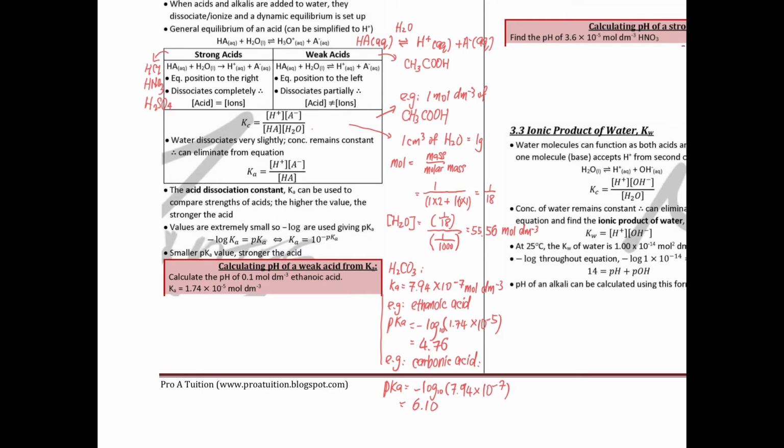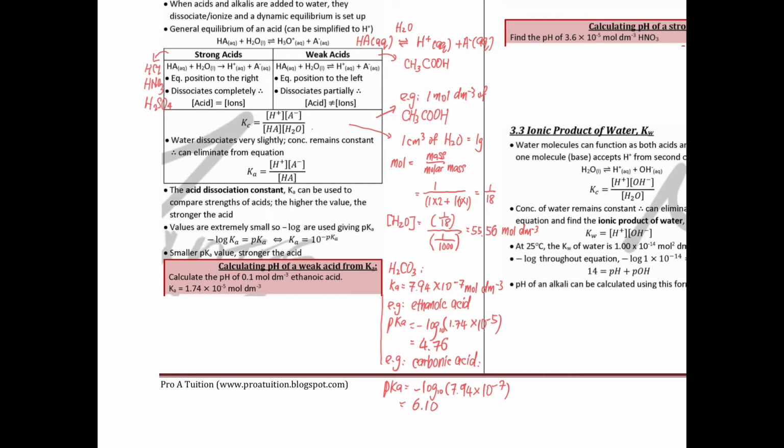And the idea is now in the opposite way. The smaller the pKa, the stronger the acid. So this is the smaller one. 4.76 is smaller, showing that ethanoic acid is a stronger acid compared to carbonic. So you either use Ka or pKa to compare, where you have to know that for Ka, higher value means stronger acid, and for pKa, smaller value means stronger acid.